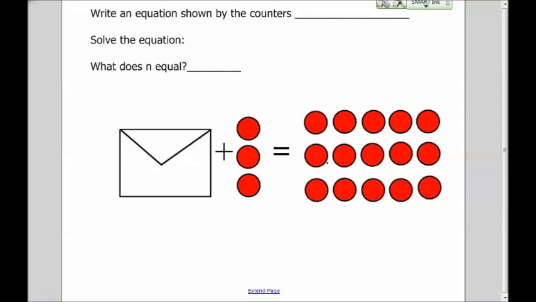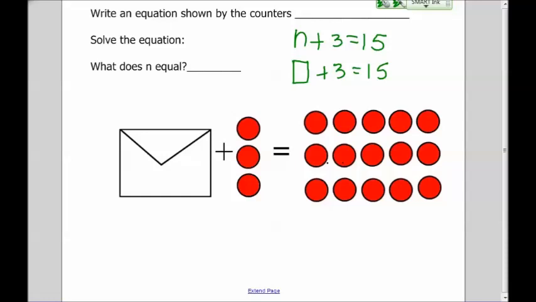So turn off the video, write what the equation would be, and solve for N. It's going to be N plus 3 equals 15 for my equation. And N is going to be the amount I'm adding 3 to make 15.